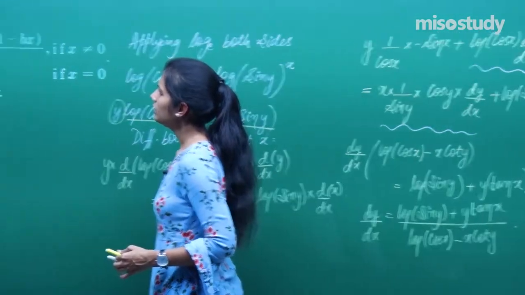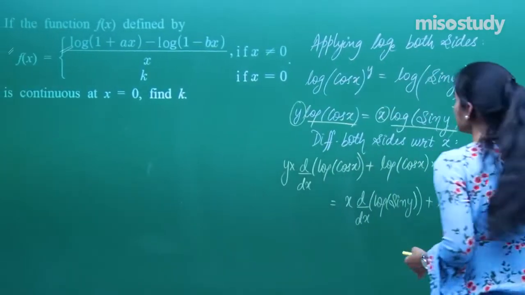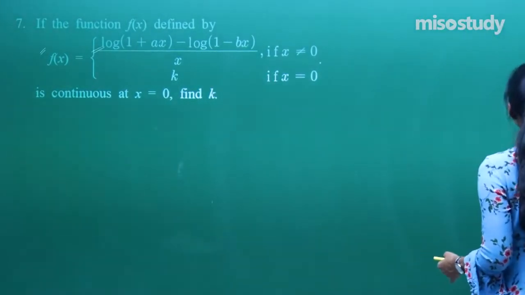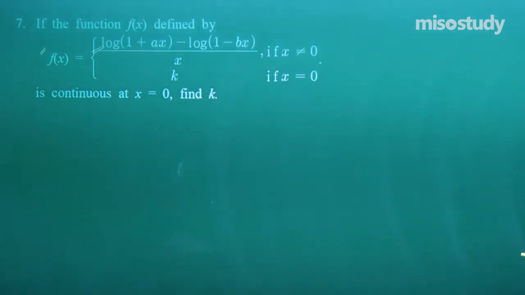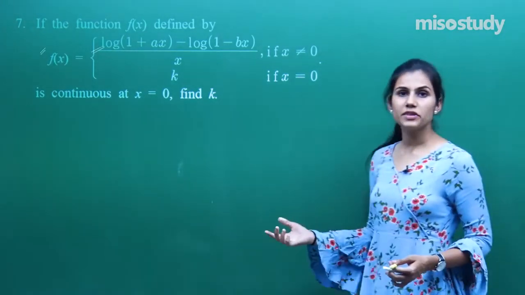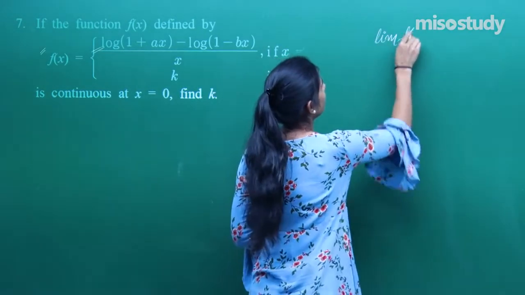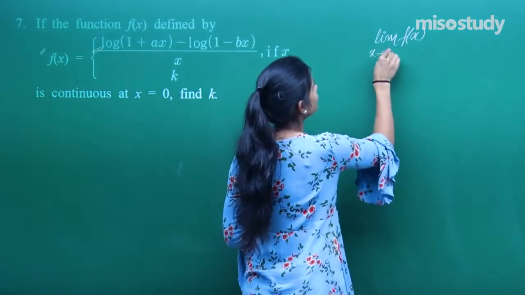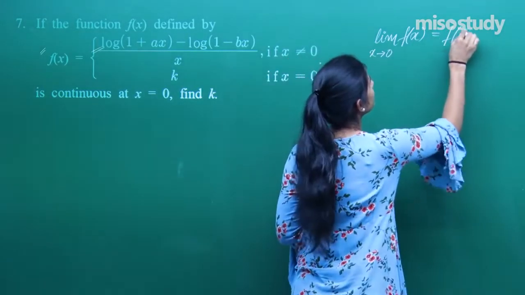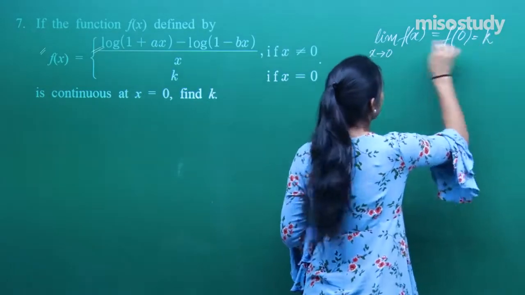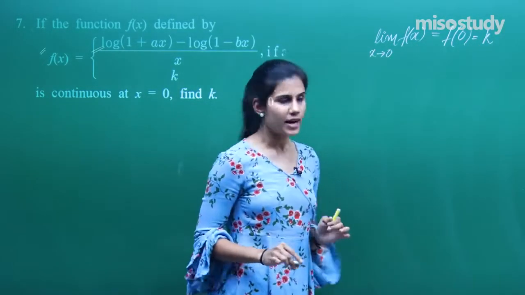We have, if this function is continuous at 0, find the value of k. Now it is given that the function is continuous at 0, that means limit of this function at 0 is equal to value of this function at 0. So I am saying limit of fx as x approaches 0 is value of this function at 0, and value of this function at 0 is k. So k is nothing but the value of the limit of f at 0.